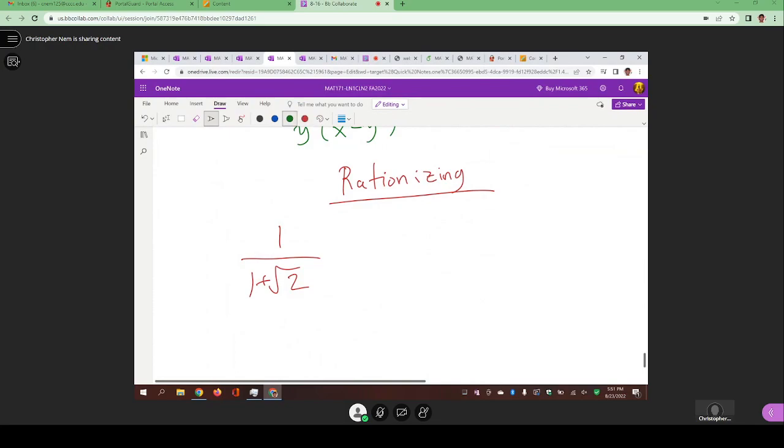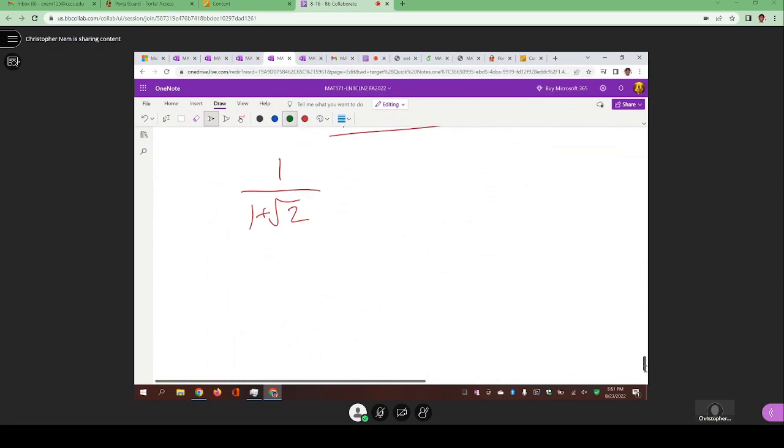So, this is a term called conjugate. So, we got to do conjugate. The word con means with. The word jugate means pair. So, it's with a pair.